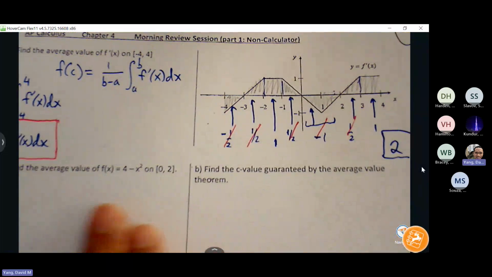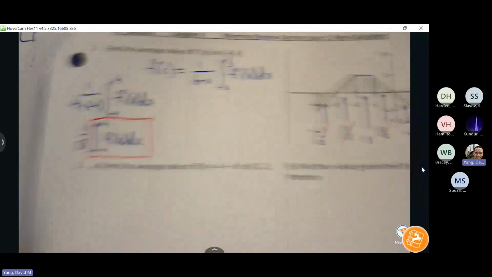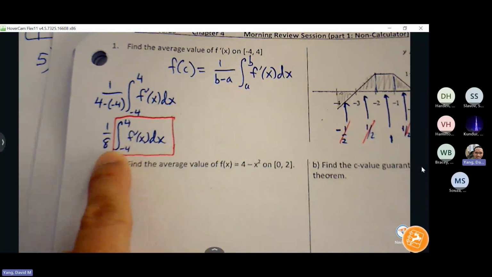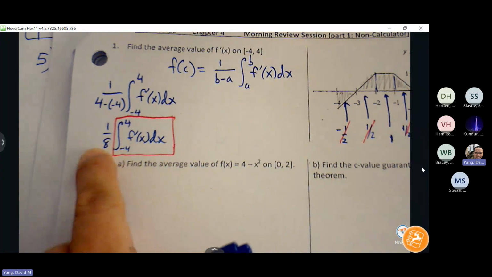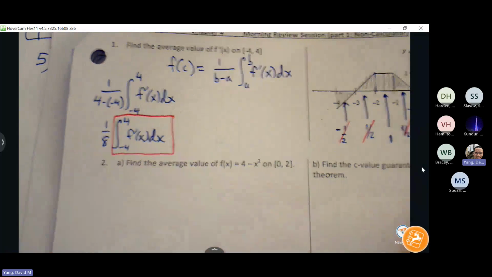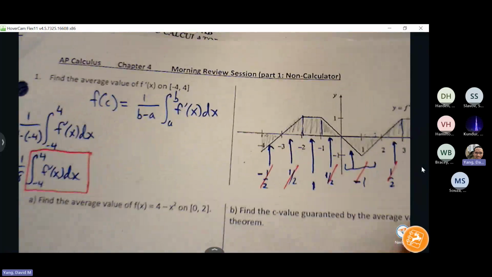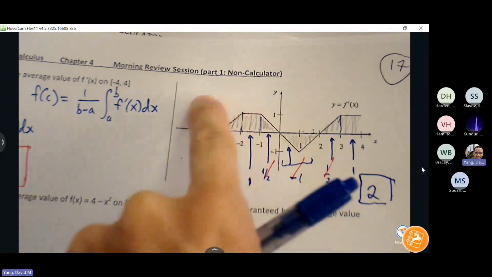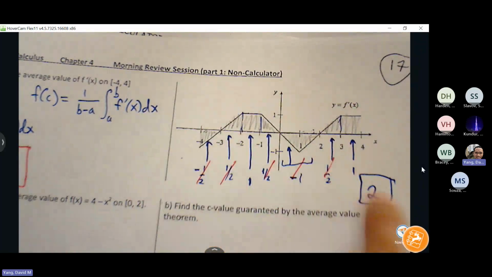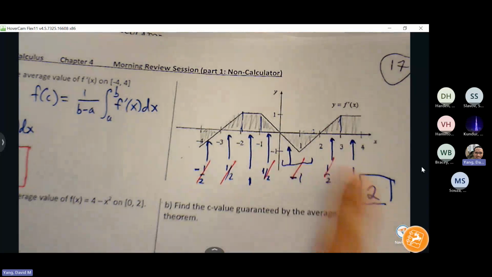Or is there something else that needs to be done? You need to plug in the 1/8. Yeah, so a lot of students forget about this. They do the area and they feel like, I mean, it is part of the process, but we're not trying to find the area, we're trying to find the average height. And also that 2 shouldn't make sense, right? The graph only goes as high as 1. The average height can't be as high as 2. So that seems a little high if we were to kind of think about it.